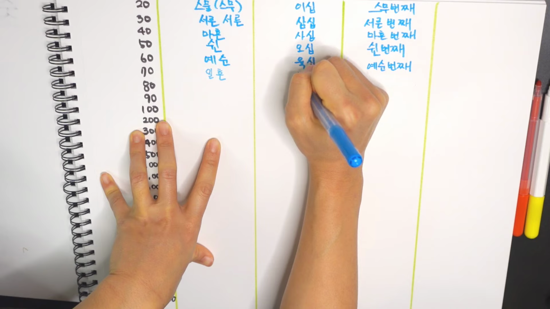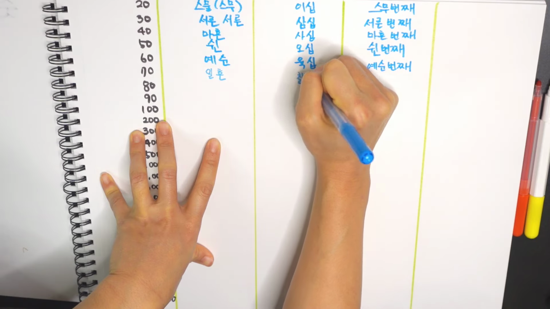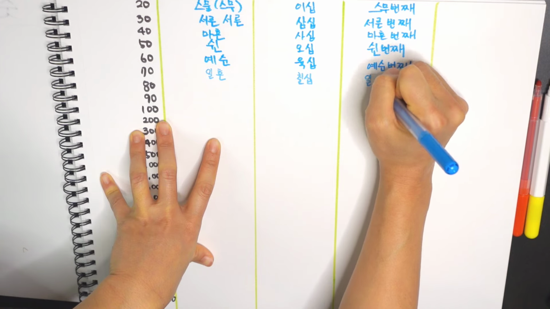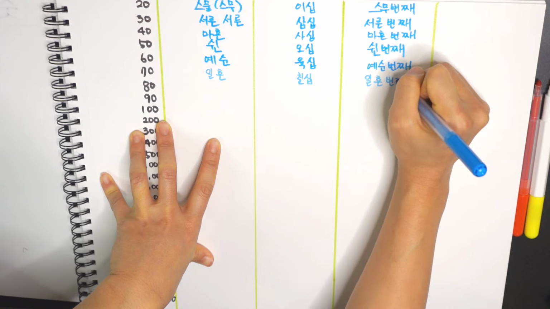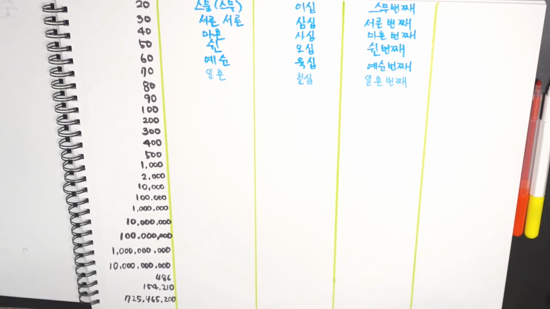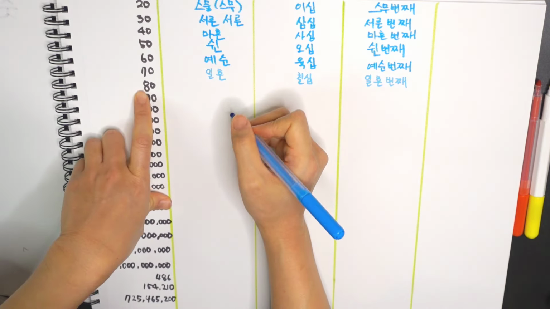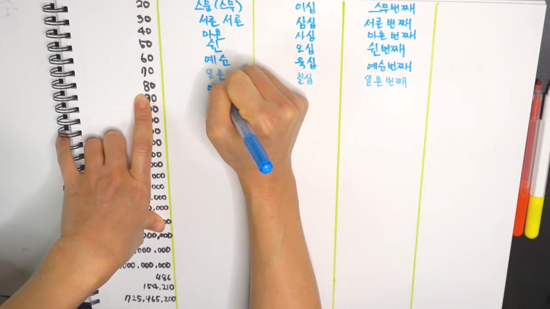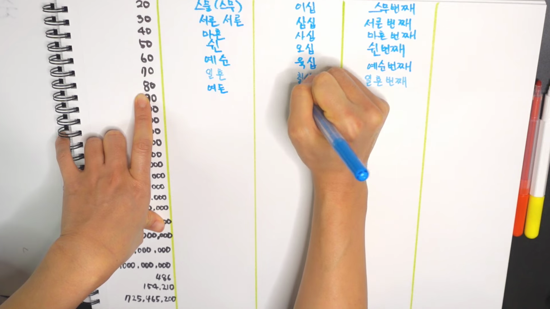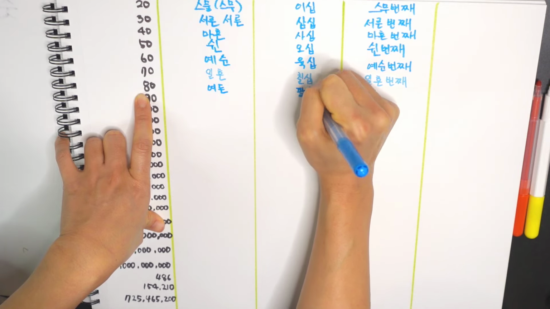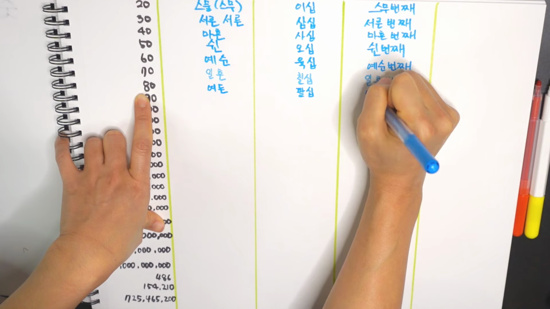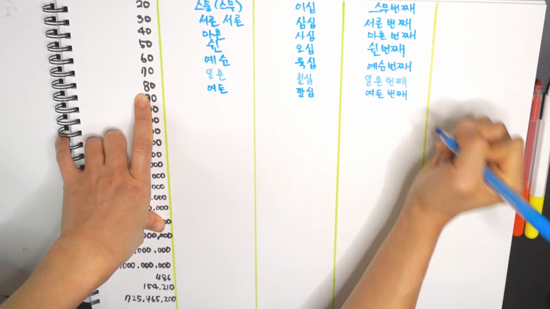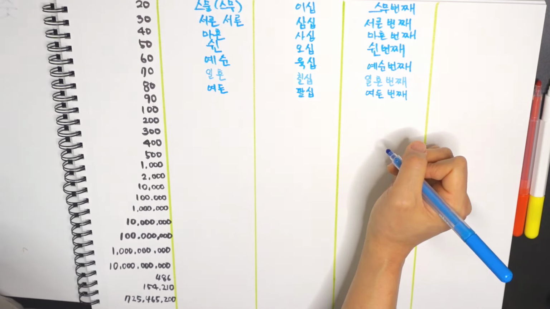So 70 right here, and it's 일흔 번째. And 80 we have 여든. And 80 right here, and we have 여든 번째. And we have 아흔.